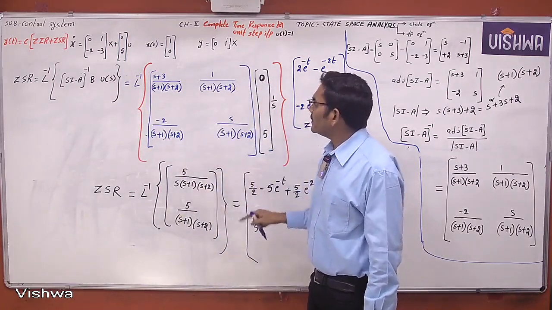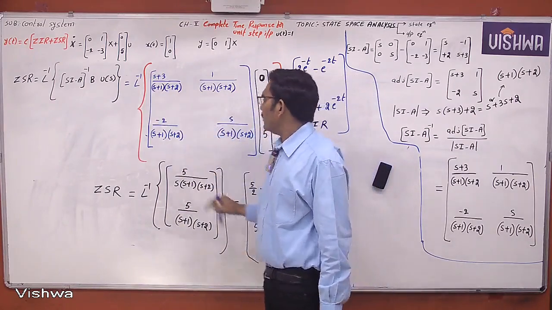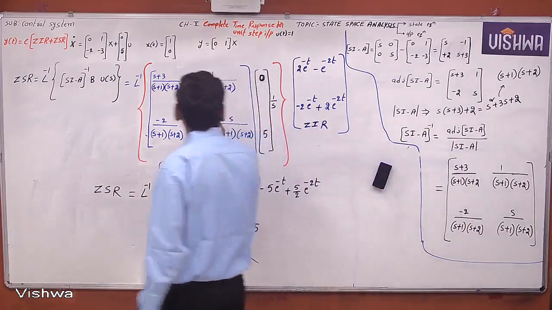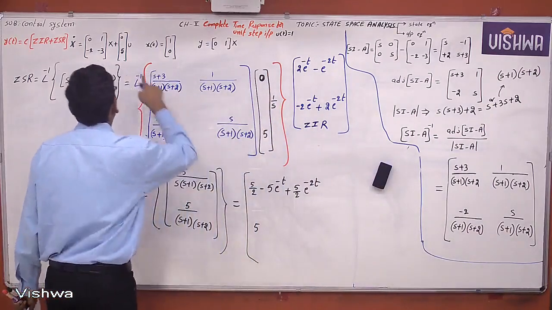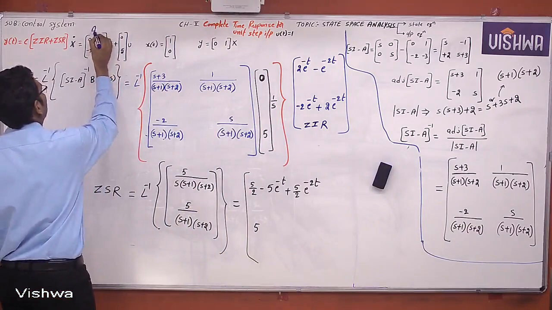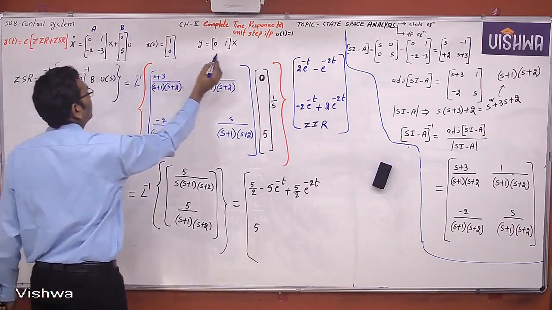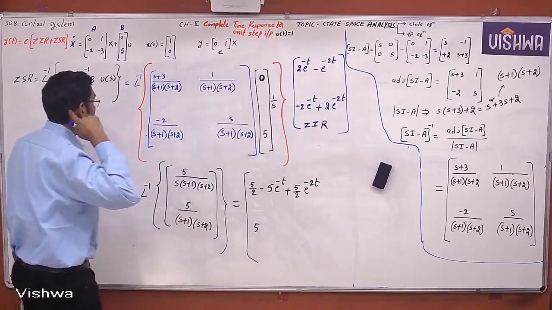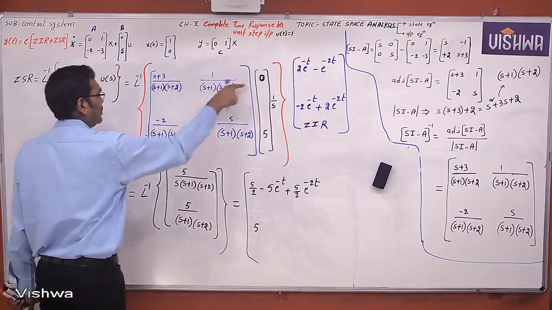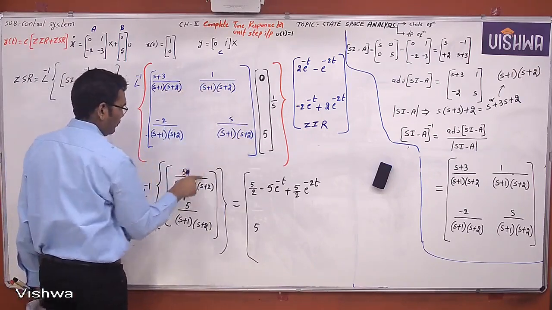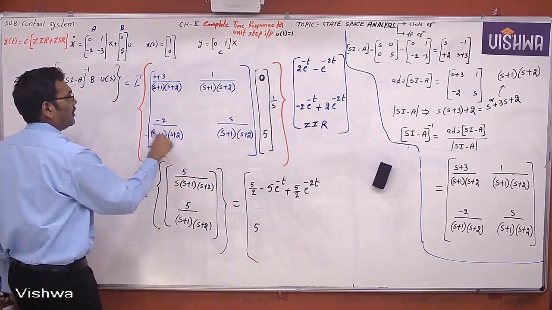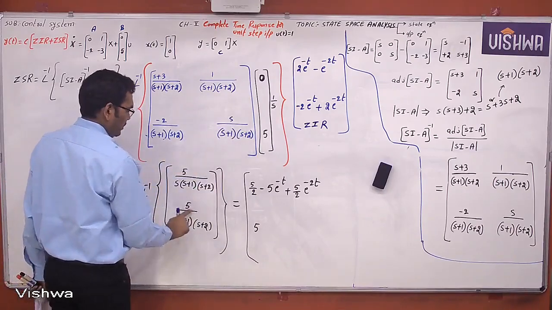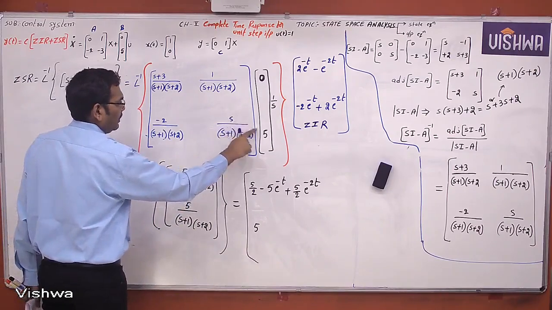So (sI minus A) matrix inverse is this one, multiplied with B. B is 0, 5. This is the A matrix, this is the B matrix, and this is the C matrix, right? Now this one into 0 is 0 plus 1 into 5, therefore 5 by this. Now this one multiplied with 0, 0 plus s into 5, 5s by this.